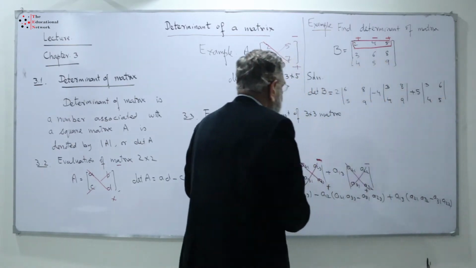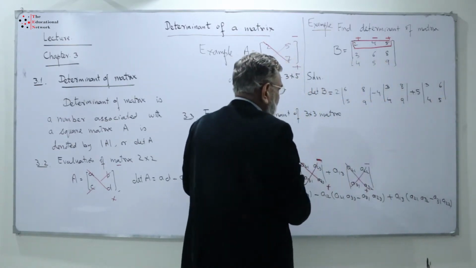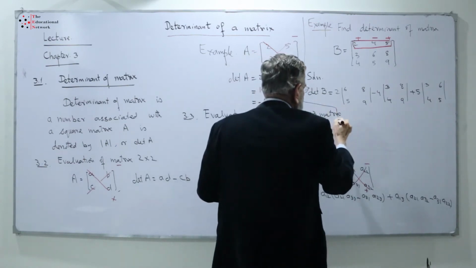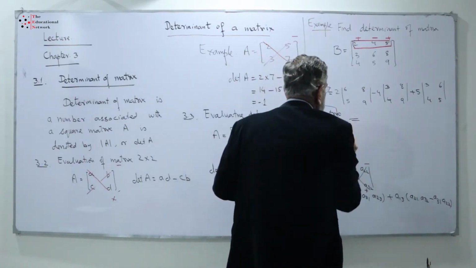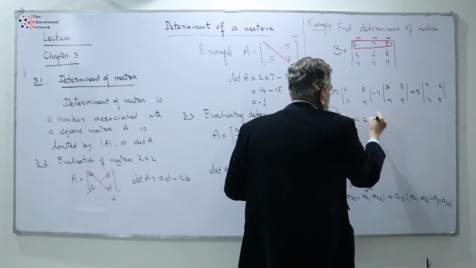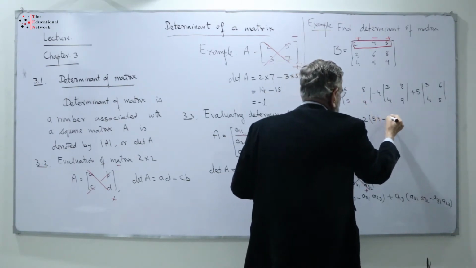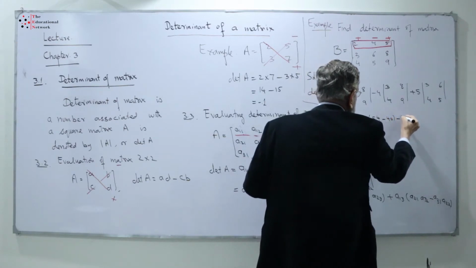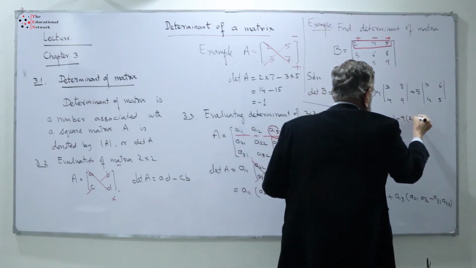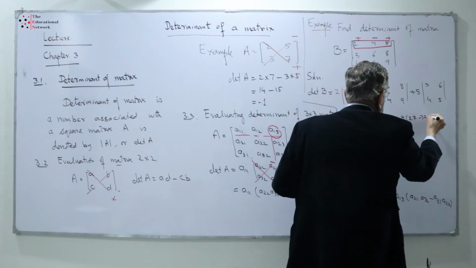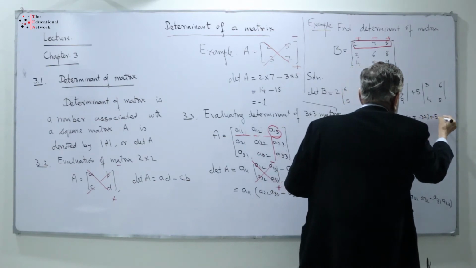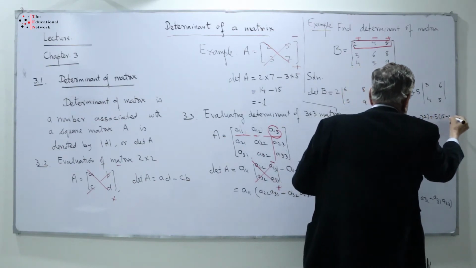Now what I do, I'm going to write here the solution of this one. So this is equal to 2 into, I multiply here 54 minus 40, then minus 4 into 27 minus 32, and then plus 5 into 15 minus 24.